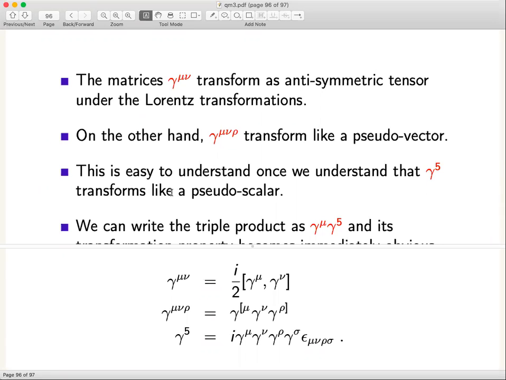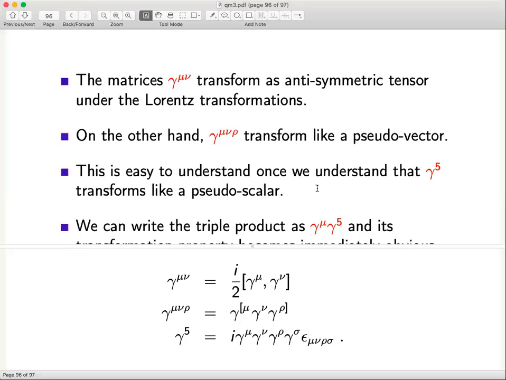This is kind of easy to understand if you understand the fact that gamma 5 transforms like a pseudo scalar. So identity, for example, which is the 16th element, would transform like a scalar because you do a Lorentz transformation, nothing happens to identity. So that's what one means by a quantity which is called a scalar. What is a pseudoscalar?